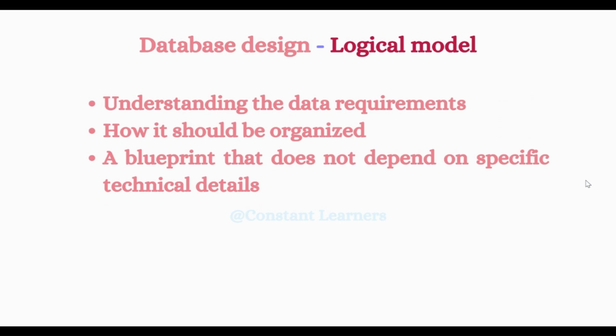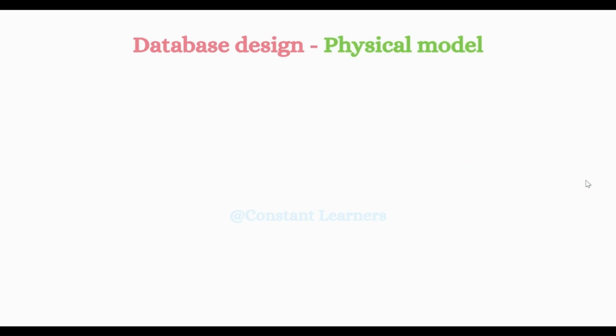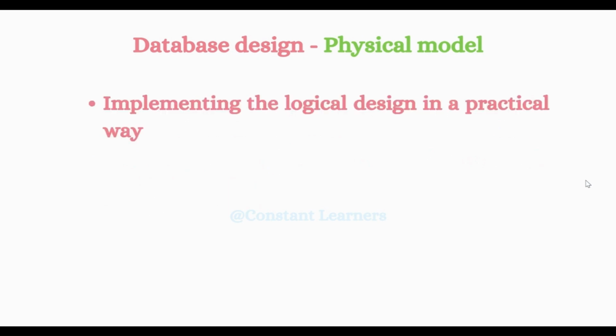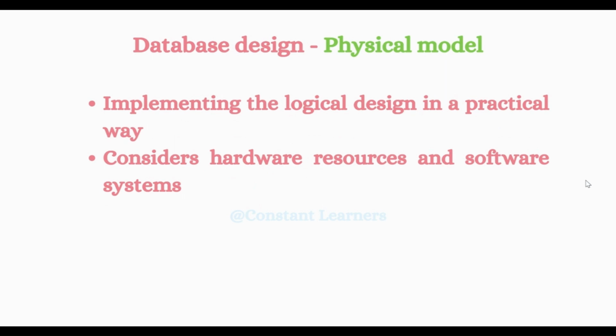This is just an outline of what a database system is made of. On the other hand, the physical design model is about implementing the logical design in a practical way. It considers things like hardware resources and software systems to ensure that the database runs efficiently and takes up the right amount of storage space.